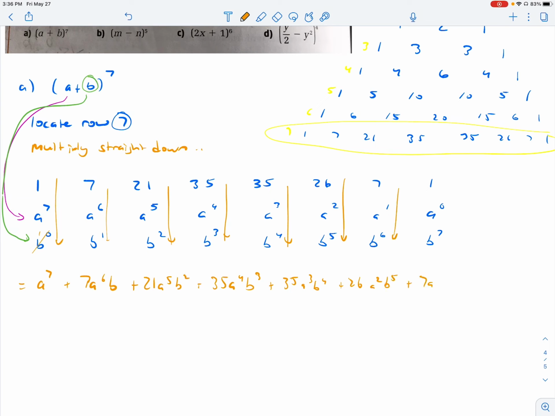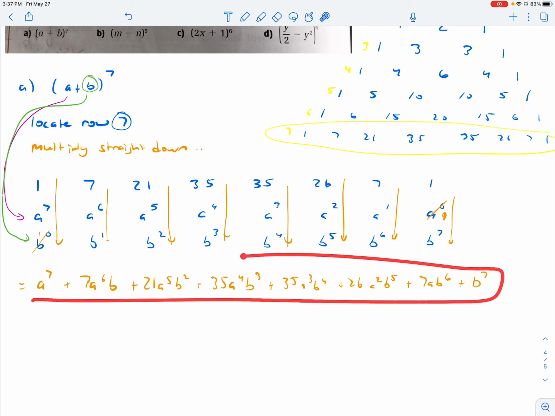And then we have 7 times a times b to the 6. And then we have 1 times a to the 0, which is just 1, times b to the 7. So we're going to get 1b^7. So just write b^7. So this here is my answer to this.